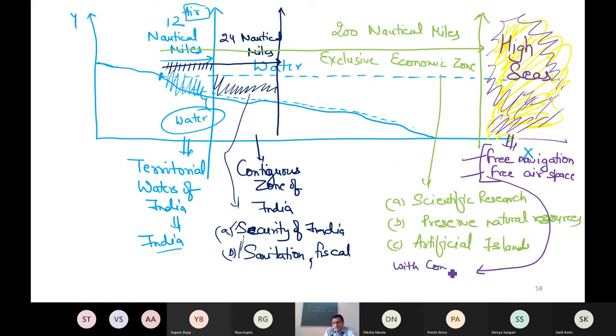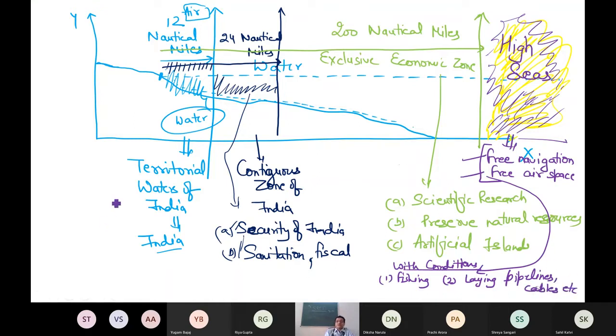Shipping and fishing freedom with conditions. Fishing is allowed but with some conditions. Laying pipelines and cables, with some conditions.